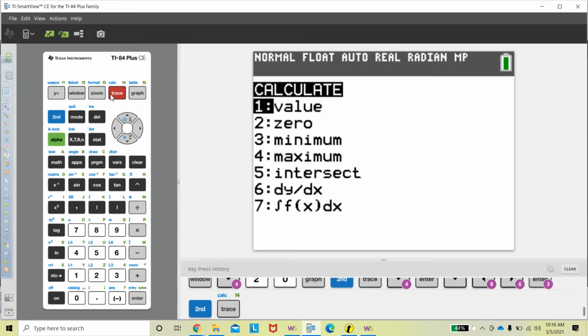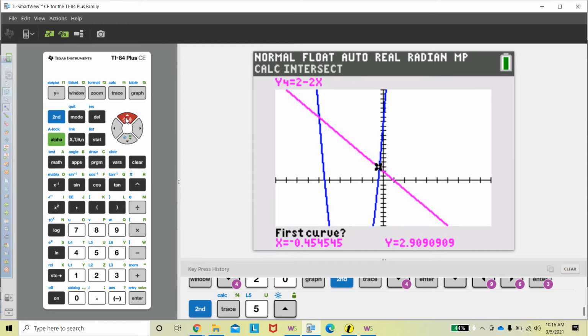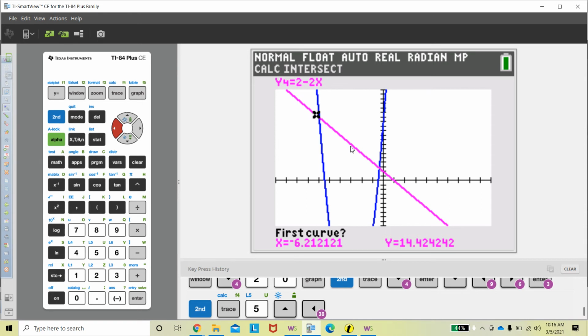Second trace, number 5. Now on the parabola, I like moving along the line, so I hit the up arrow to move to the line, and my cursor will go along the line. And I just have to be near where it intersects, right? The only thing you could screw up is if you put the cursor like right in the middle, but none of you are that stupid, right?